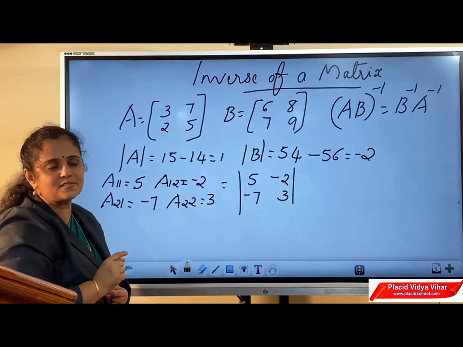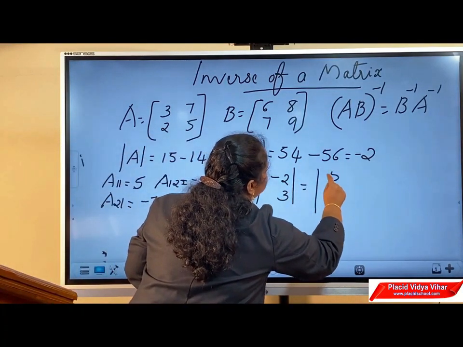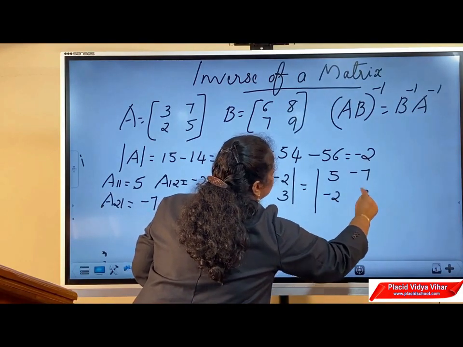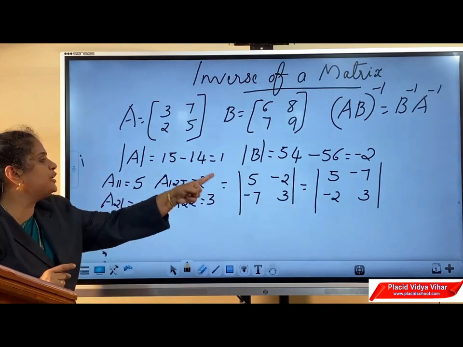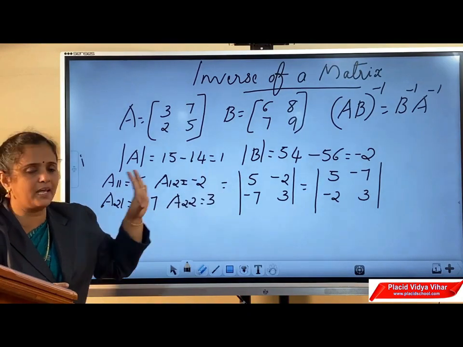Interchanging rows and columns, that is 5, minus 7, minus 2, 3. That means the adjoint of A is equal to 5, minus 7, minus 2, 3.